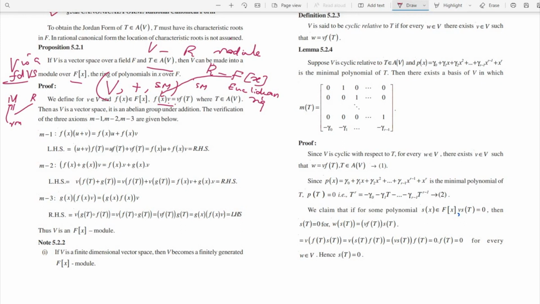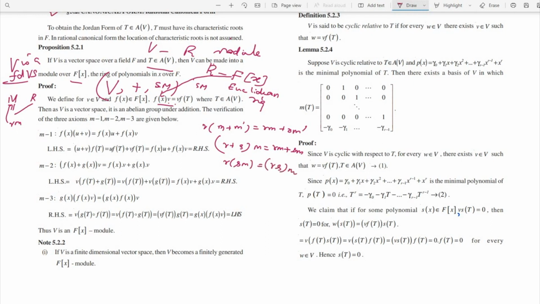In order to make this an F[x]-module, we need to check the three axioms M1, M2 and M3. In the case of modules, we would check like this: r(m plus m prime) is rm plus rm prime, (r plus s)m is equal to rm plus sm, and then we have to show that r(sm) is (rs)m.